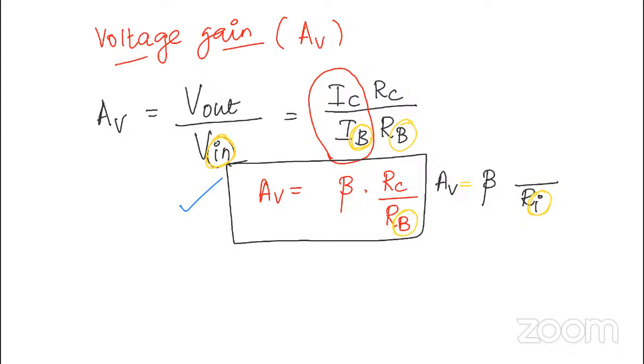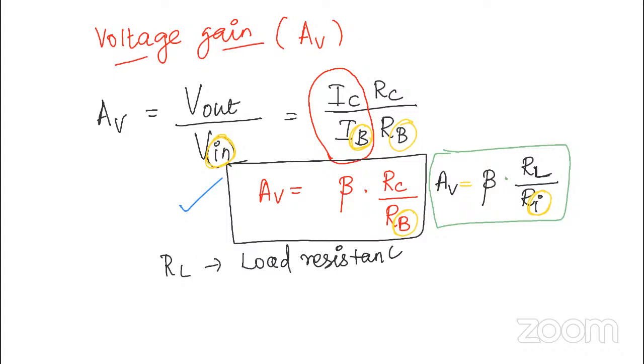ஓகே. தென் இந்த RC இருக்கு இல்லையா, கலெக்டர், நம்மளோட கலெக்டர் தான் நம்மளோட லோடு. சோ அப்ப RL அப்படின்ட்டு எழுதுவாங்க. சோ ப்ராப்ளம்ல they are readily given, லோட் ரெசிஸ்டன்ஸோட வேல்யூஸ் இவ்வளவு, அதே மாதிரி இன்புட் ரெசிஸ்டன்ஸோட வேல்யூஸ் இவ்வளவு, அதே மாதிரி பீட்டாவோட வேல்யூஸ், கரண்ட் கெயினோட வேல்யூஸ் இவ்வளவு அப்படின்னு கொடுத்துட்டு, வாட் வில் பி த வோல்டேஜ் கெயினோட வேல்யூஸ், AV கால்குலேட் பண்ணுங்க அப்படின்னு சொல்லுவாங்க. சோ அப்ப நம்மளுக்கு இந்த ஃபார்முலா தெரியலையேன்னு கன்ஃபியூஸ் ஆகக்கூடாது. சோ அப்ப AV is equal to beta into RL divide by RI அப்படின்ட்டு ஒரு ஃபார்முலா இருக்கு. சோ ஹியர் RL லோட் ரெசிஸ்டன்ஸ் it should represent.